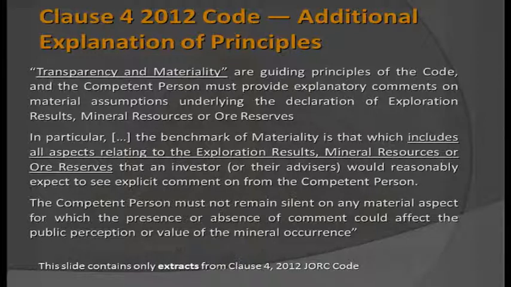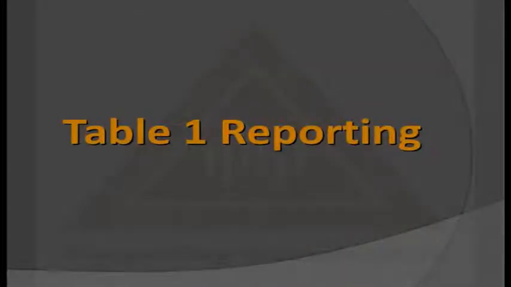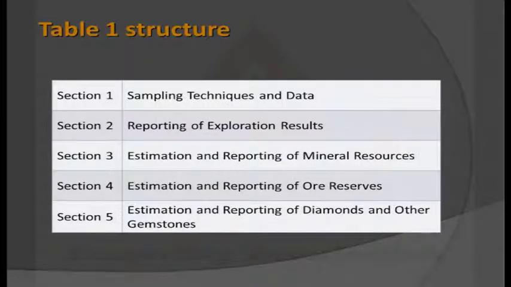But portions of the code that are quoted on all of these slides, the actual code is in normal font, where we've captured some of the guidance, it's in italics, as is in the document. And each slide refers to which clause, just for your information. So Table 1 reporting, the structure remains the same.